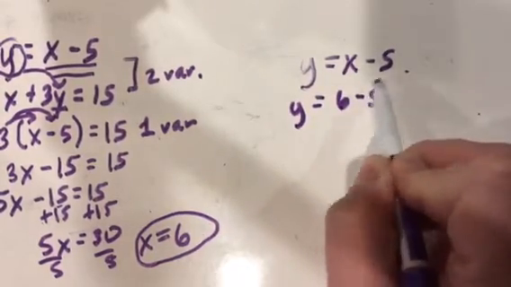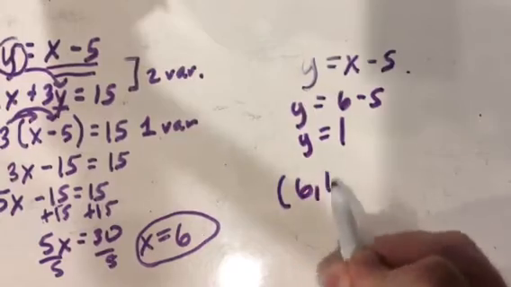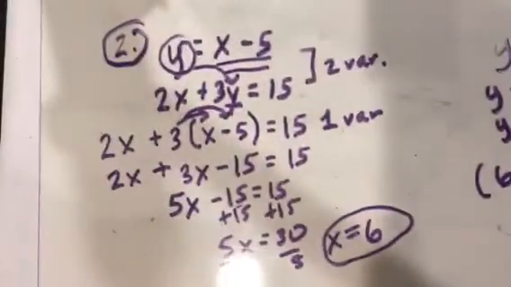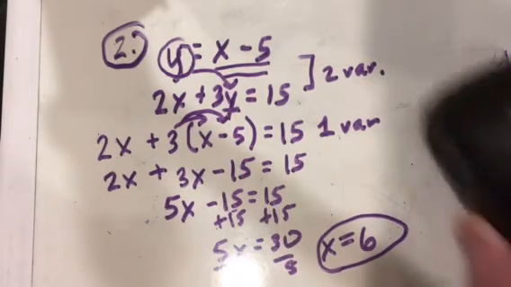So 6 take away 5 is 1. And so the second kind of problem I need you to be able to do is, they didn't give you half the answer, but they did give you y already solved for, so you can plug it in the other equation and go. So we're working on substitution. So the answer to number 2 was 6, 1.